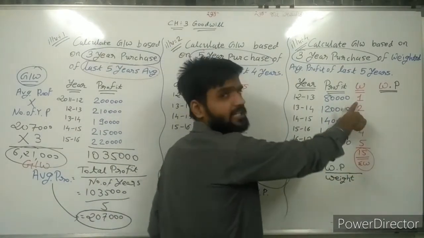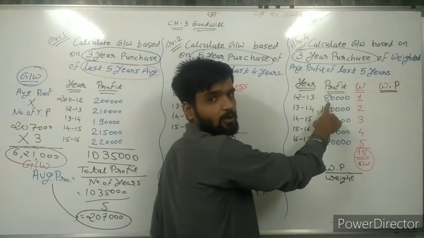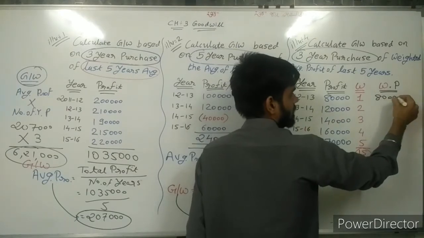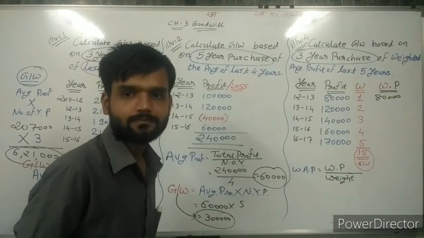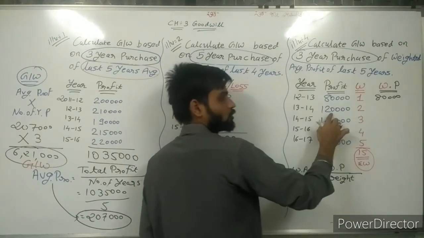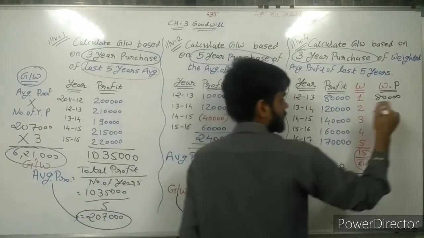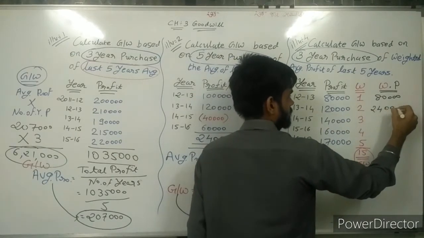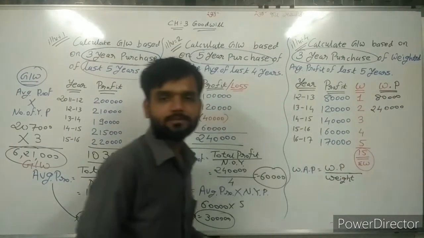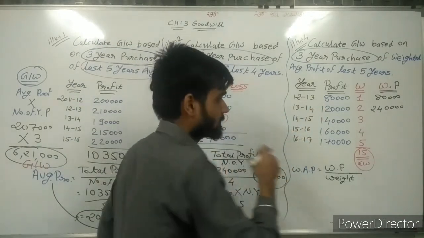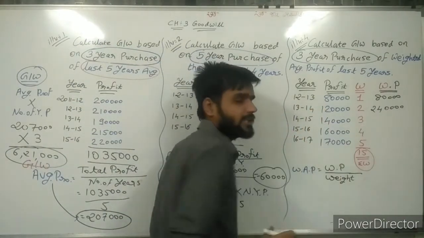So this is the weight. Weight is 1, profit is 80,000. 1 into 80,000 is 80,000. Second, weight into profit: 2 into 1,20,000, so 2 lakh 40,000. Sir, third one: 1,40,000 into 3.